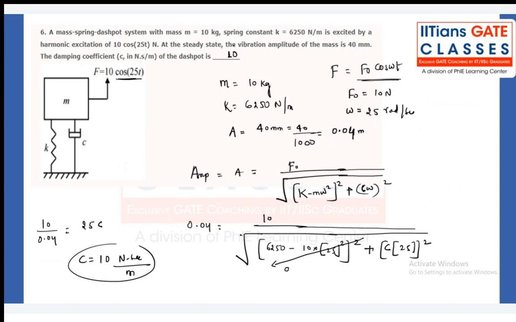We have discussed the Coulomb damping, but we have not discussed any problem related to that. Let us discuss something about that also, some numerical about that.